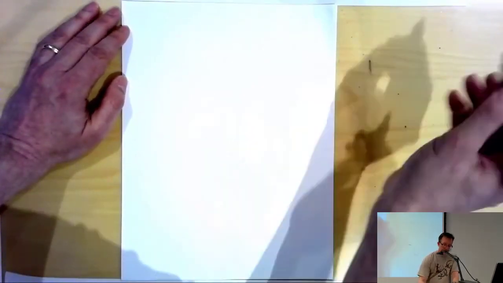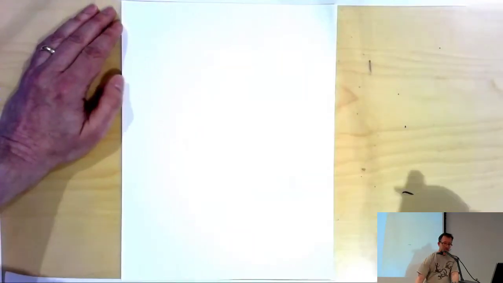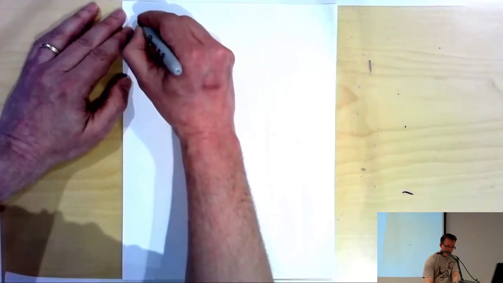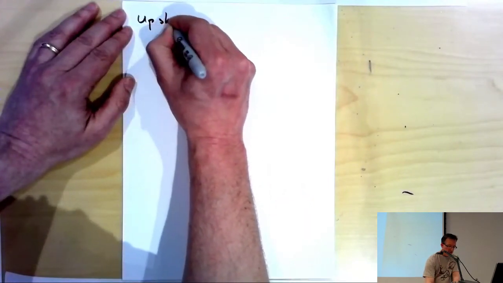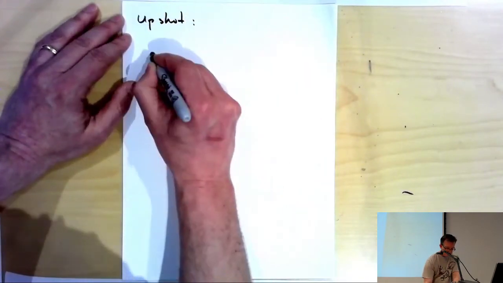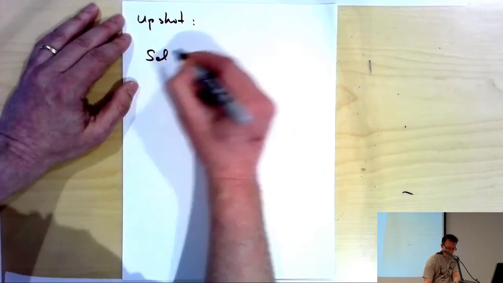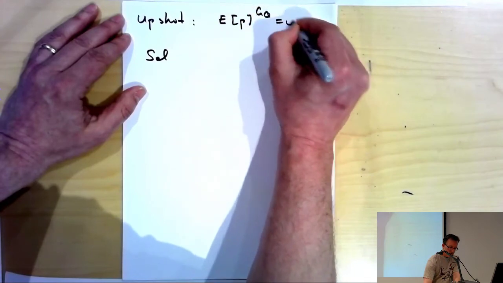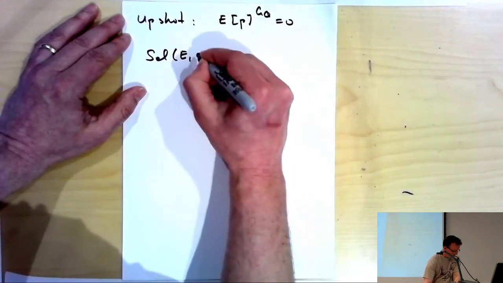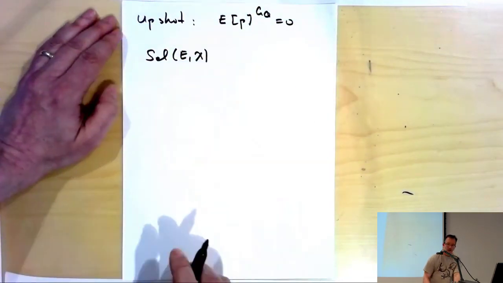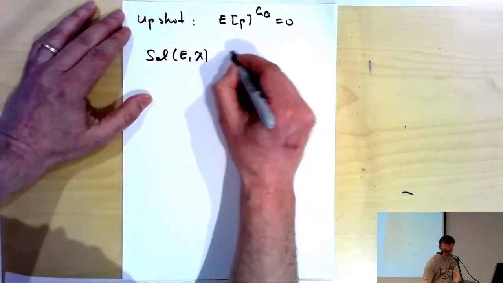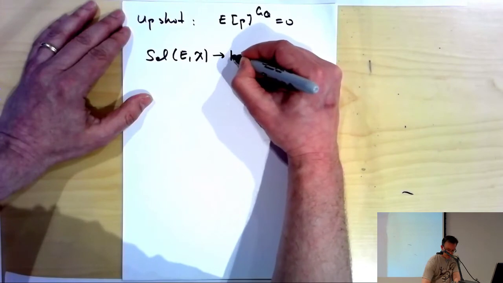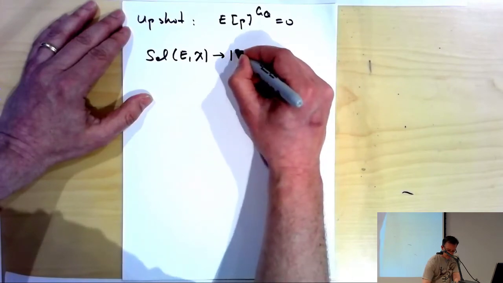So the upshot of this kind of analysis, again under the simplifying assumption that this is 0, is that the Selmer group of E with any character is a subgroup of the following.